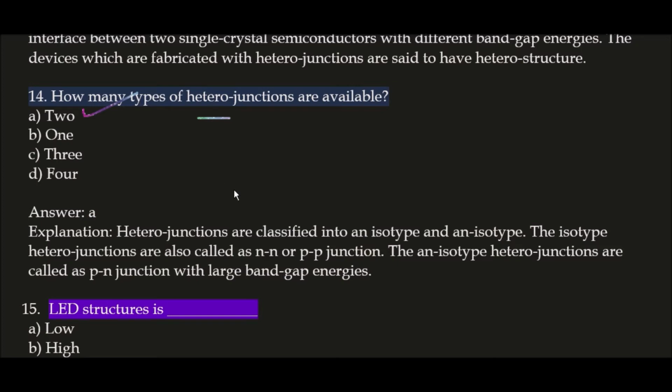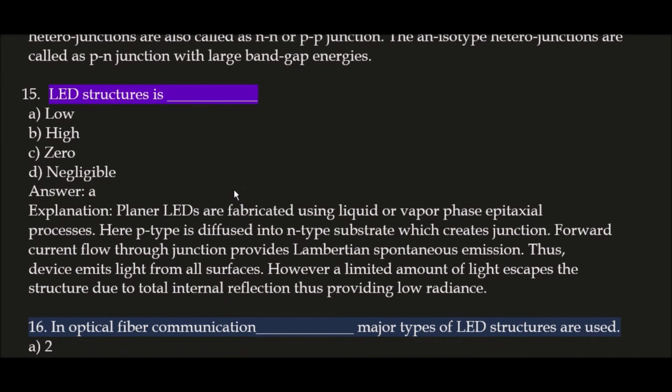Okay. Next question, LED structure is, correct answer is option A, low. As you know, LED stands for light emitting diode, and the LED structure is low because planar LEDs are fabricated using liquid or vapor phase epitaxial processes. Here, p-type is diffused into an n-type substrate, which creates the junction.